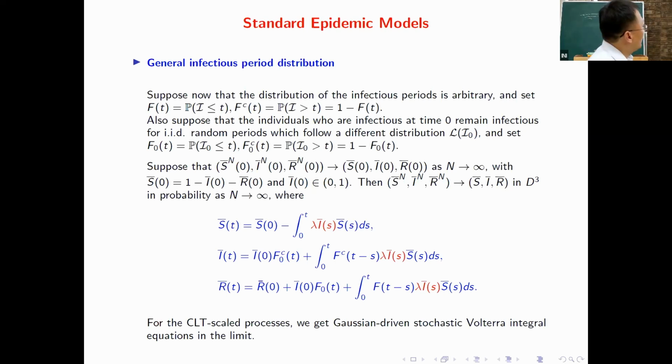The infected population size is basically the initial number times the probability that those initially infected are still infected at time t. Here, if an individual is infected at time s, with this infection rate, this is the probability that it is still infected at time t. For the CLT limit, we get Gaussian-driven stochastic Volterra integral equations in the limit.